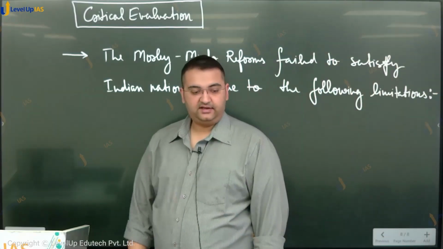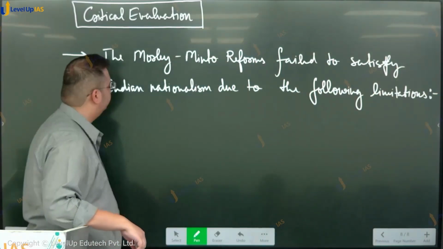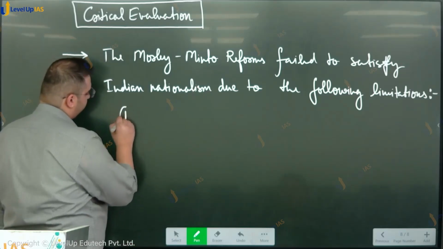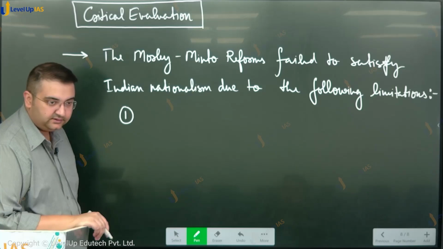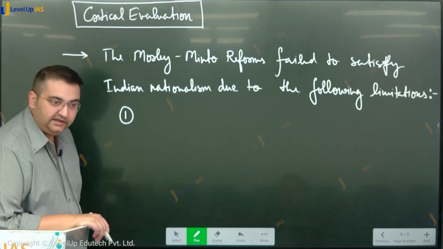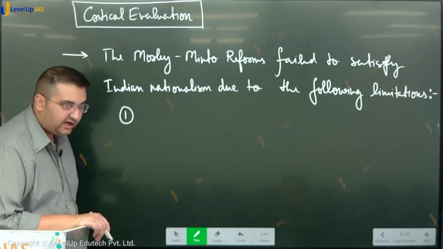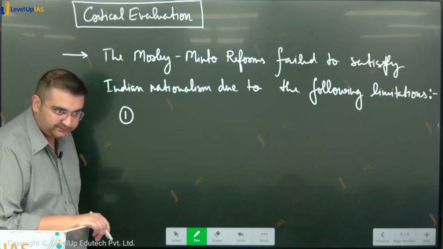क्या limitations दिख रही हैं आपको यहाँ पर? फर्स्ट ऑफ ऑल इंडियंस का डिमांड क्या था? स्वराज और रिस्पॉन्सिबल सेल्फ रूल. बट यहां पे कोई स्वराज का नामो निशान आपको दिख रहा है? नहीं.